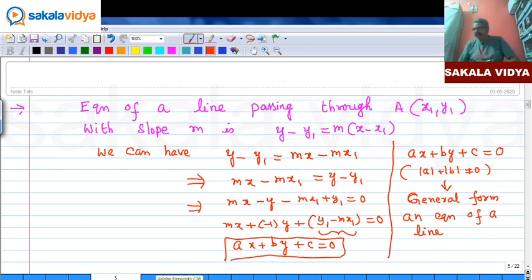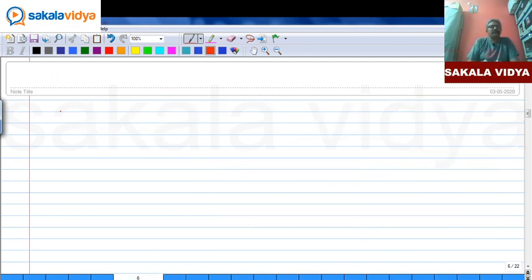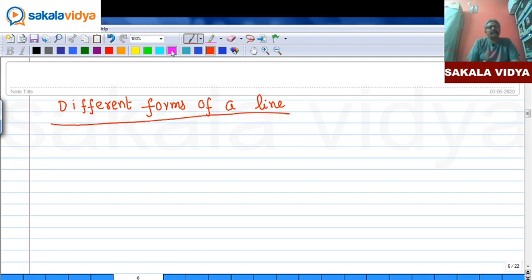Okay, one more thing now. Next, different forms of a line. The first form is slope intercept form.